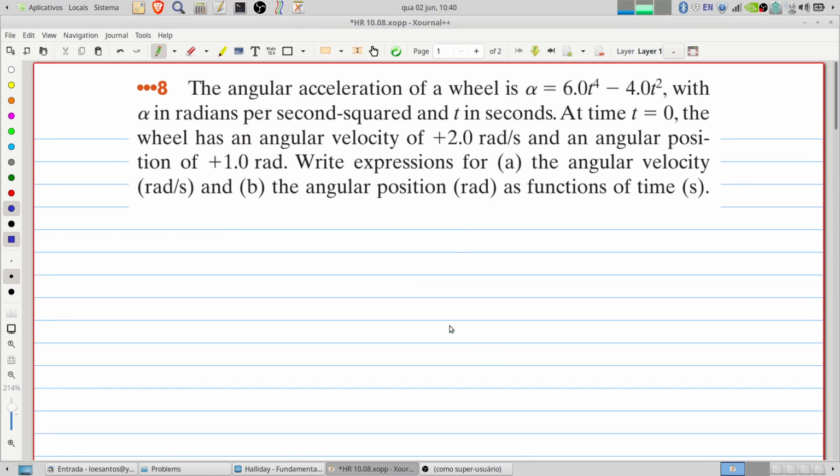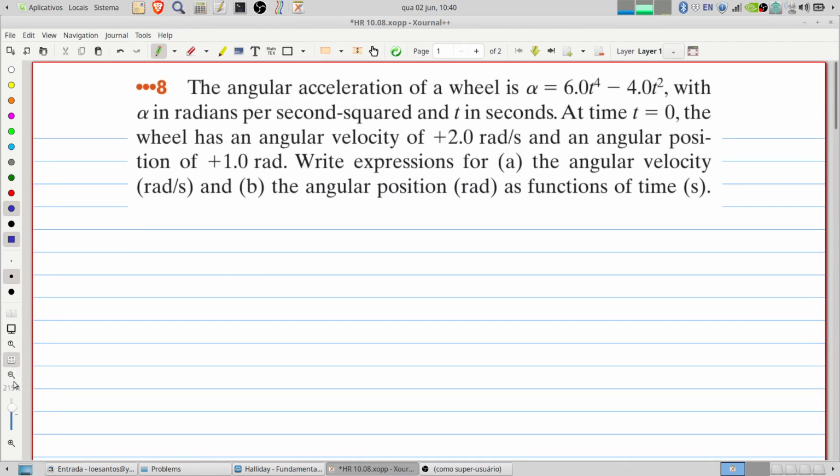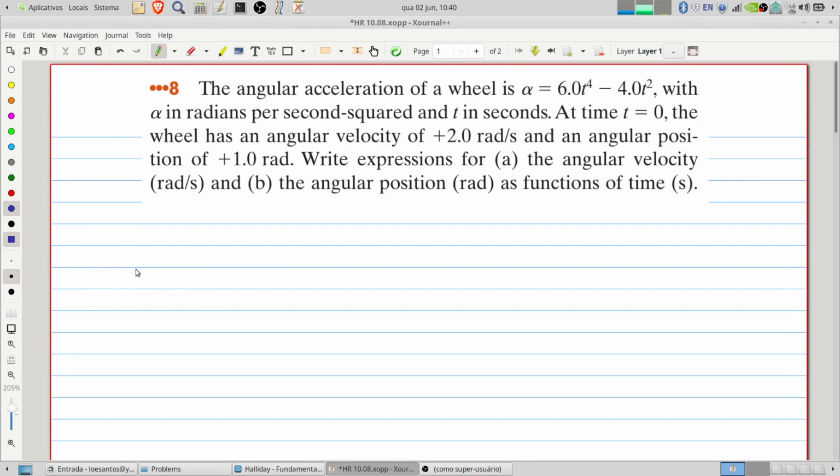Okay, the problem is not difficult, but it's necessary to know a little bit of calculus to solve it. We can write that the acceleration alpha equals, by definition, the variation of the angular velocity with time.